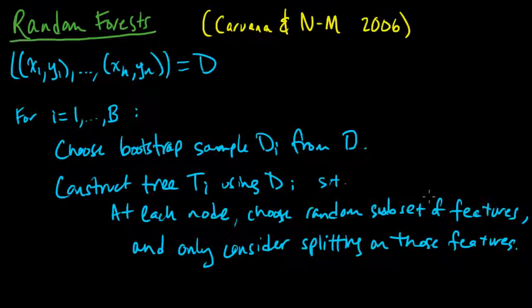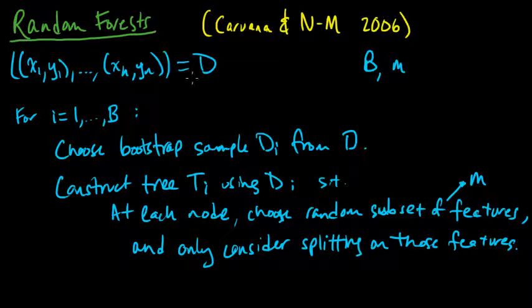We'll pick m features. So there are two parameters here: B is going to be our number of trees, and m is going to be the number of features.